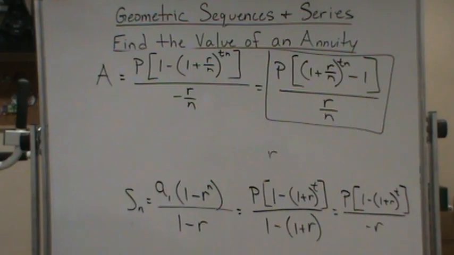So we just derived the formula for finding the future value over time of an investment. Okay, so now we're going to do an example where we can apply this in an application problem.